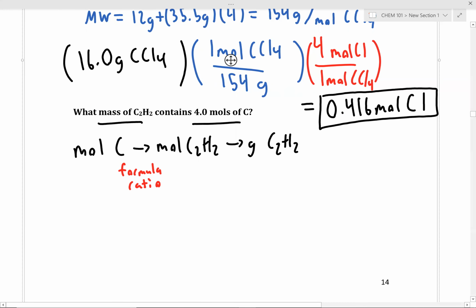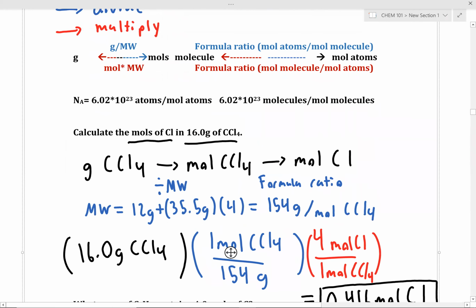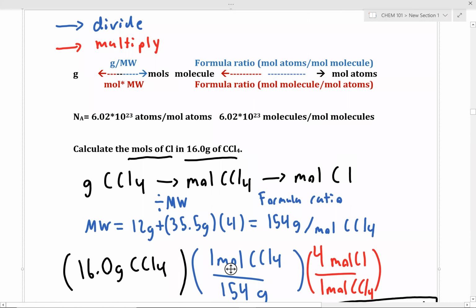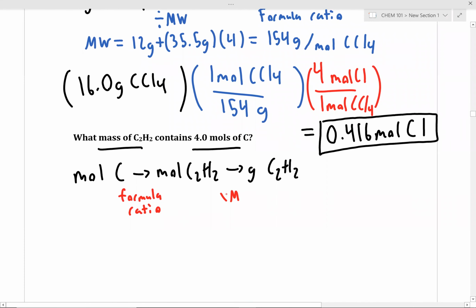Now, if we want to go from moles of acetylene to grams of acetylene, what conversion factor will we need? Molar mass, exactly. And if we look at our topmost solution map, if we want to go from moles to grams, what do we do with our molar mass? Do we multiply or divide? Multiply. Okay, so we're going to multiply by our molar mass.